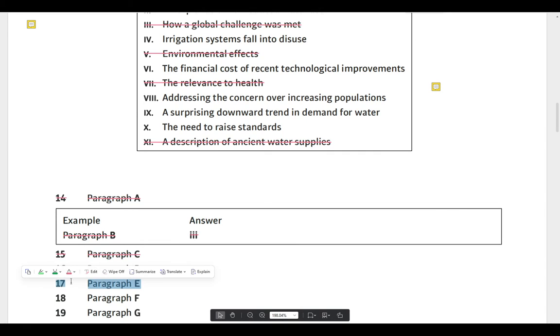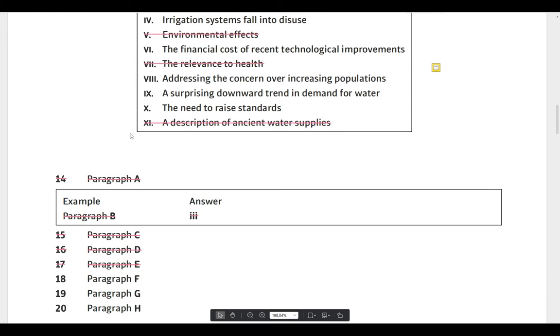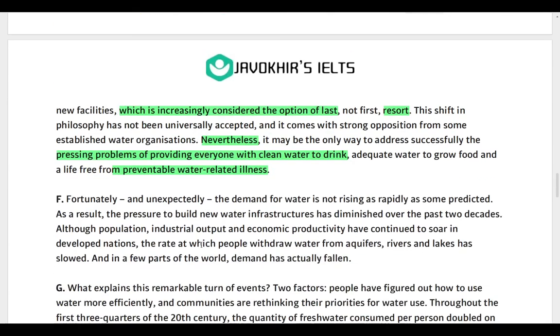So paragraph E would obviously be taken away, and we're left with 3 more paragraphs.